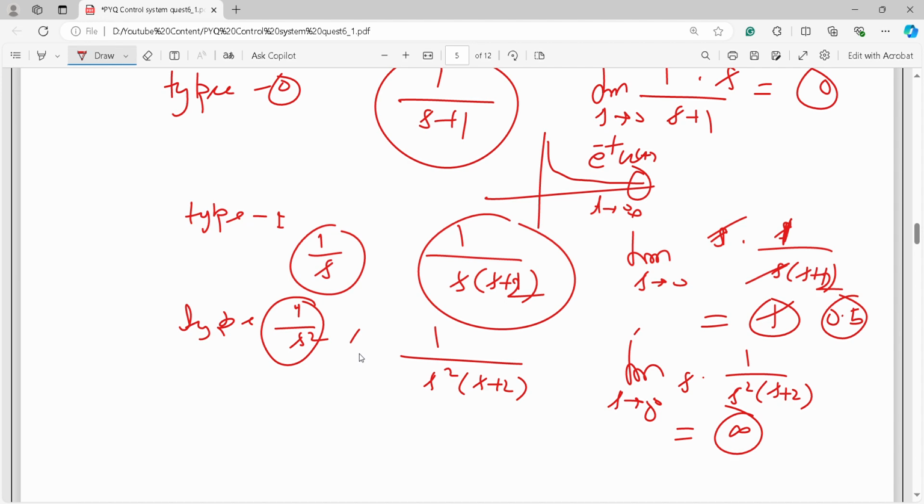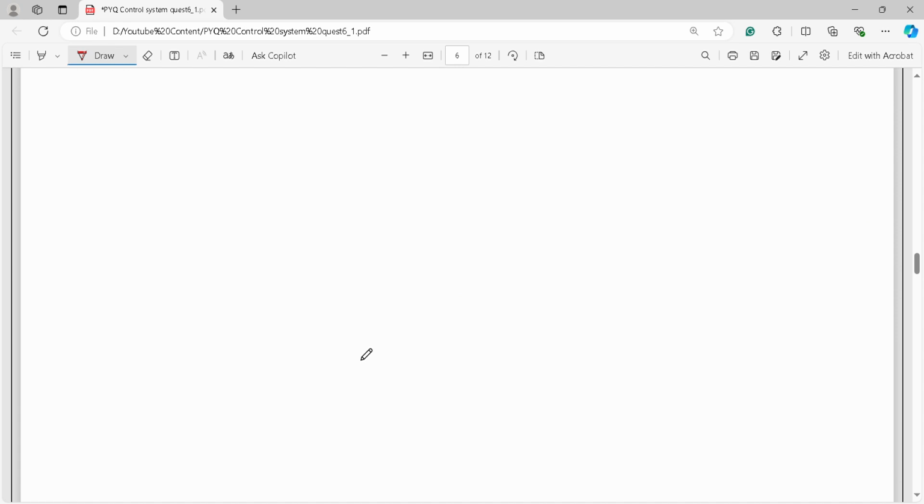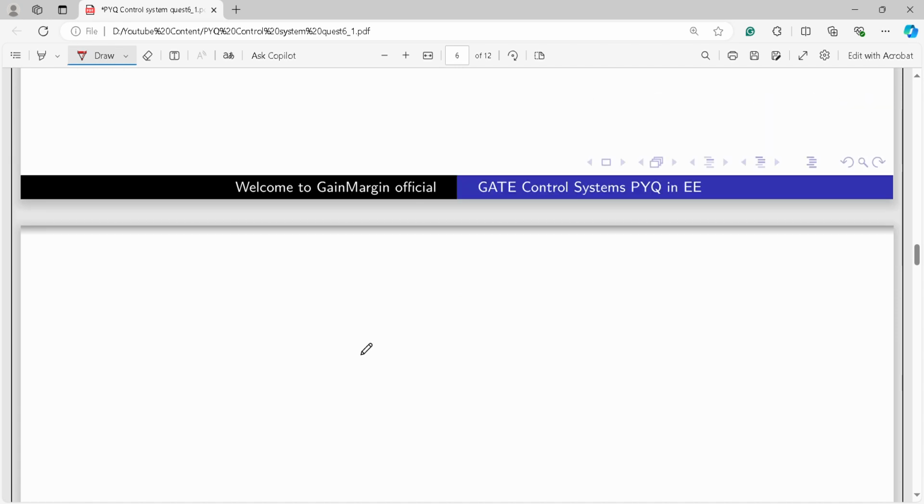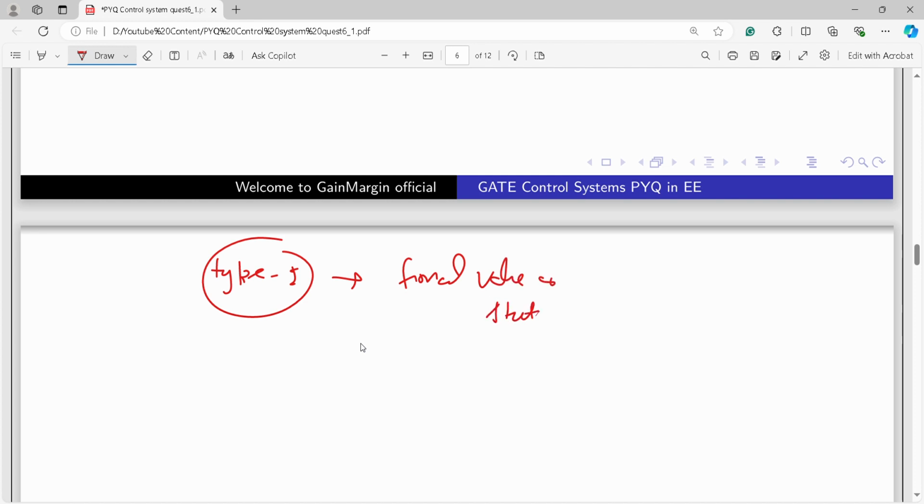So here we can conclude that only for a type 1 system, the final value or steady state value will be finite. We get some value.